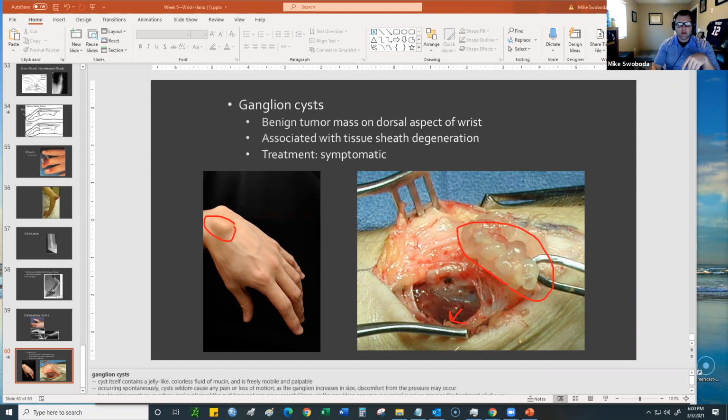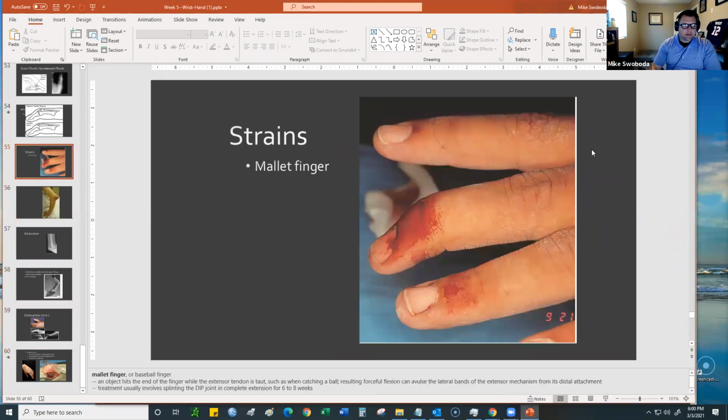You can't just go to Dr. Pimple Popper and have her take that out, because this is something you would need to actually have surgery for, some sort of anesthetized surgery, because you're going deep into the wrist. Remember, with cysts, unless you get the entire sac out, it'll regrow. All right, and that is about everything there.